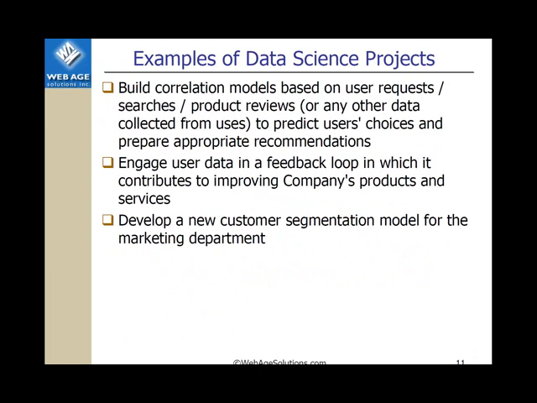So examples of data science projects: the correlation models, sometimes a recommendation system, predicting user choices, doing cross sales, just finding out who's the audience, trying to figure out the preferences, sentiment analysis. It's just unbelievable how much you can do with data science projects.